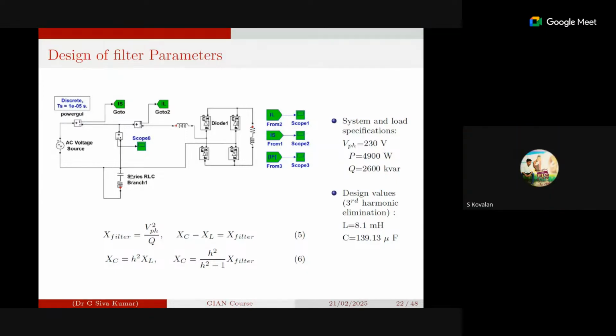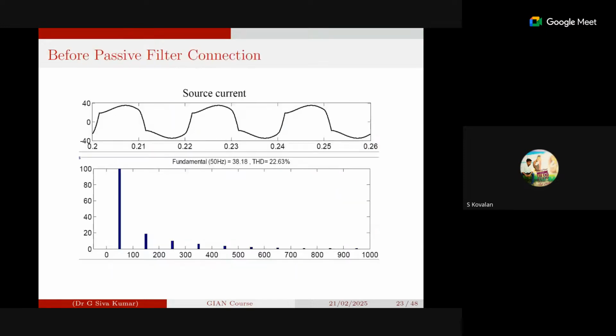In a graph we can see the impedance values. You are sizing only for the third order, so how much value will be there at the third order, that impedance value we can see in the graph, in ohms.